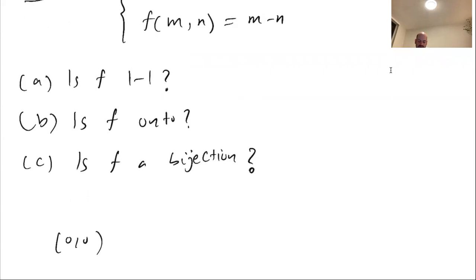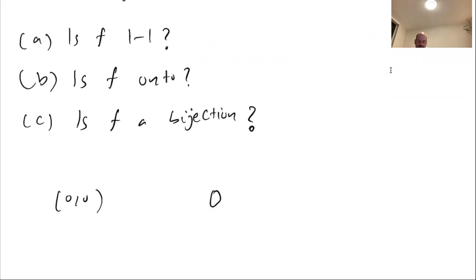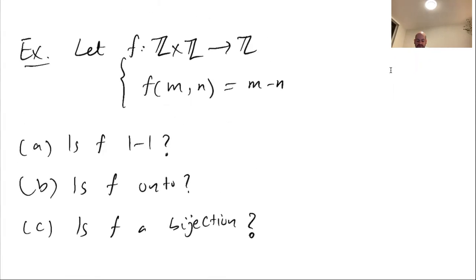So 0 is one of the outputs. Now, is this output a repeated output, meaning that is there any other input whose output is also 0? Well, the answer is yes, there are so many more inputs whose outputs are 0. For example, what can you think?